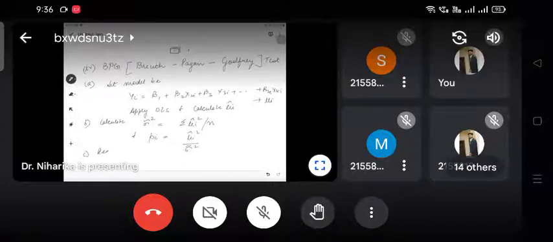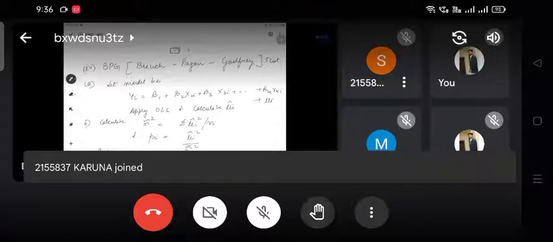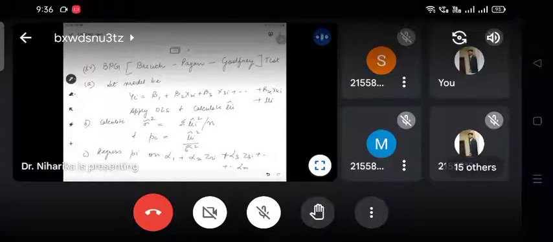Next, regress pi that we've calculated on another equation that this test is defining, that is alpha 1 plus alpha 2 Z2i plus alpha 3 Z3i plus up till alpha m Zmi plus vi.